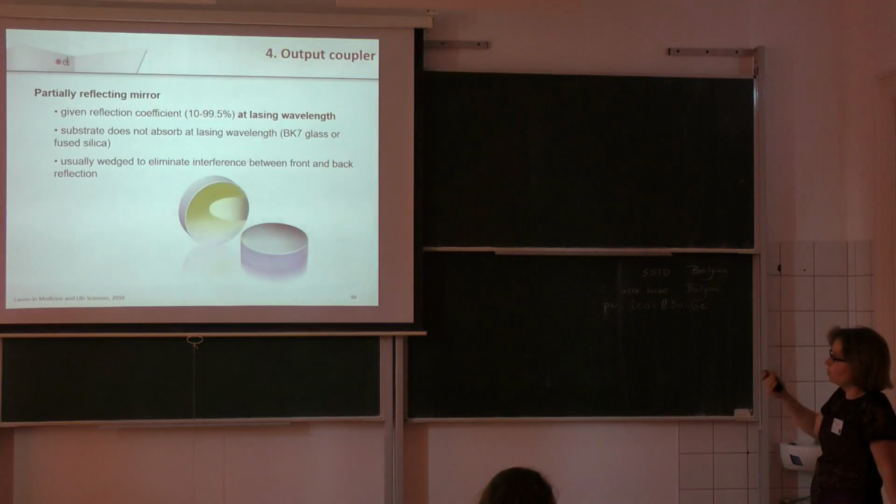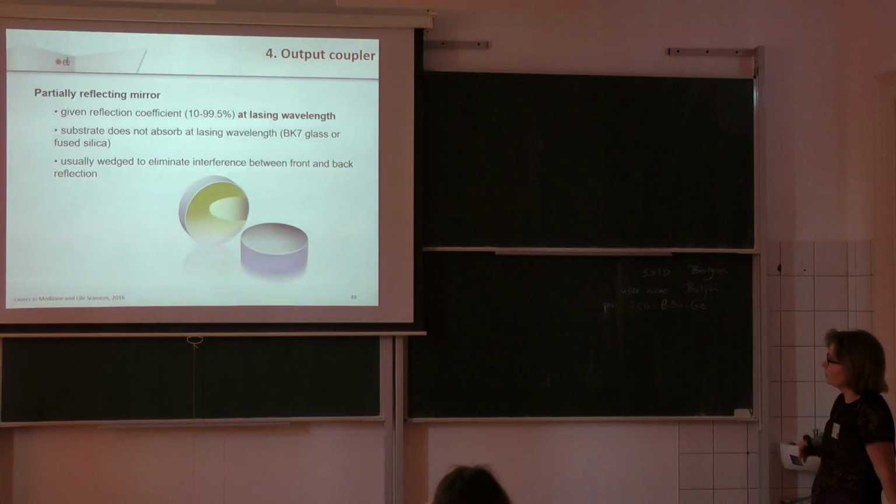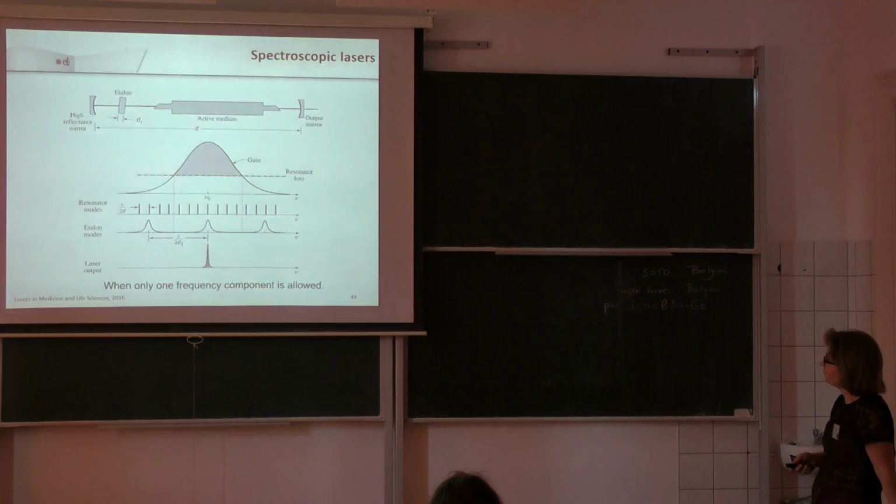So it looks almost perfectly reflecting, but this small loss is enough for the laser to be applicable for certain applications. And then the light which is propagating through this mirror is what we're going to use in our experiments. So this is how the laser is being built.